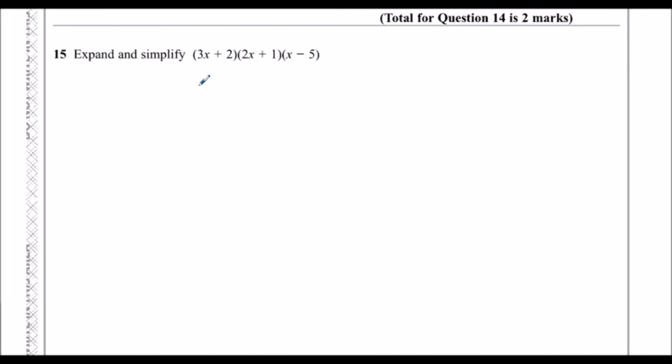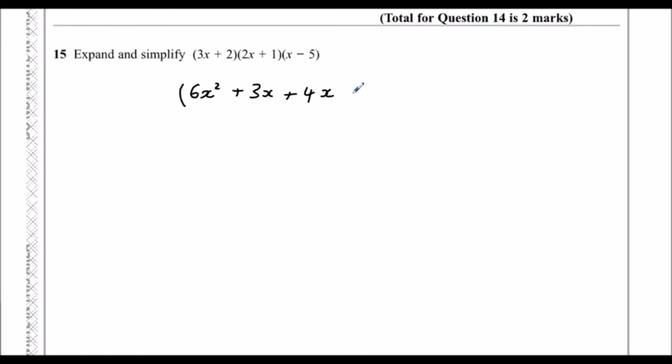So if I expand the first 2, I've got 3x times 2x. 3 times 2 is 6. X times x is x squared. 3x times 1 is 3x. 2x is a 4x.